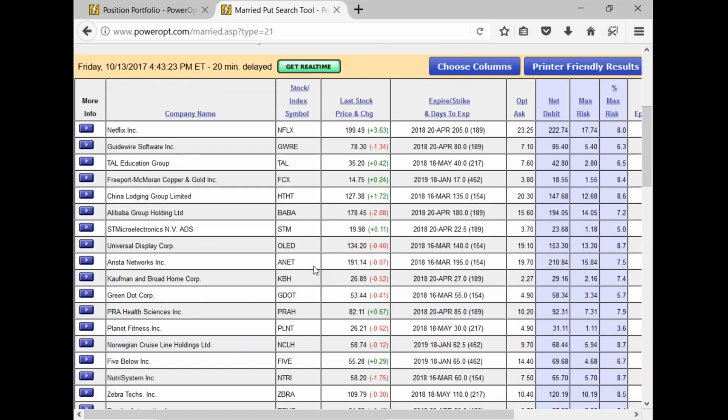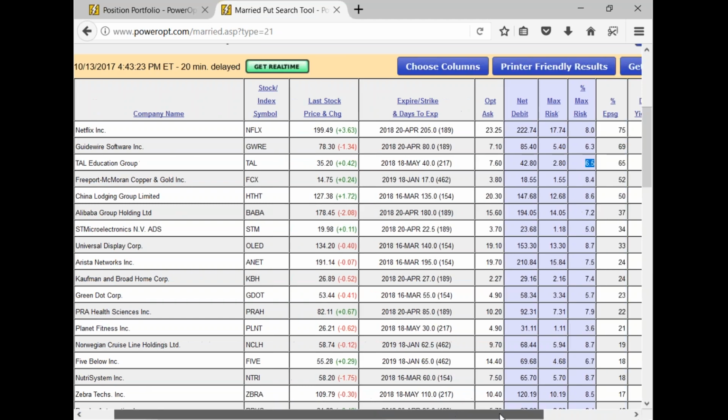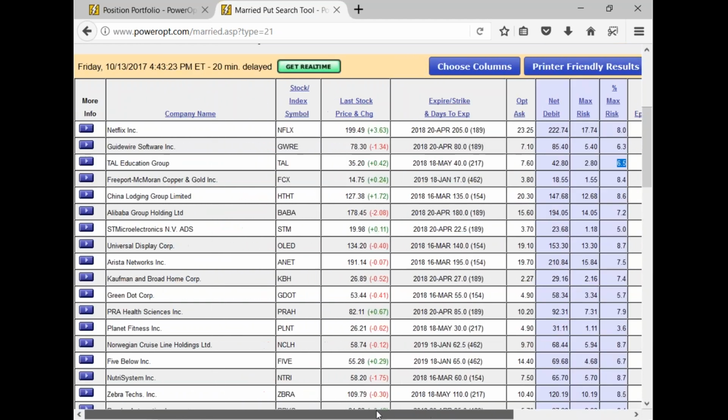At RadioActive Trading, the Fusion subscription is sort of a continued learning annex for those who bought the blueprint. There's lessons and other tools, and Ernie and I post our real married put positions to the Fusion subscription. The one I was looking at this week was TAL. Buying the May 40 put for only having a risk of 6.5% with earnings coming up in, I think, 13 days.